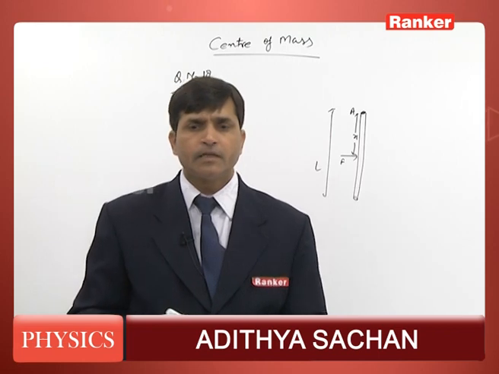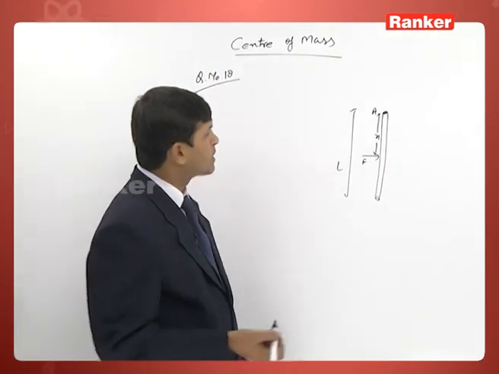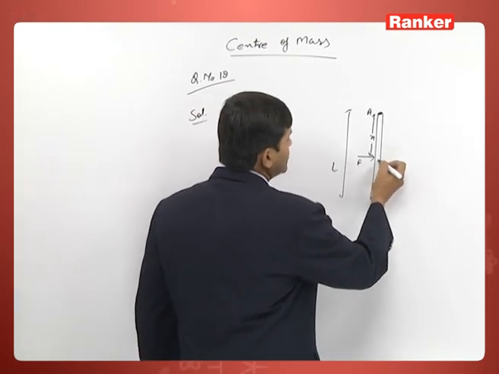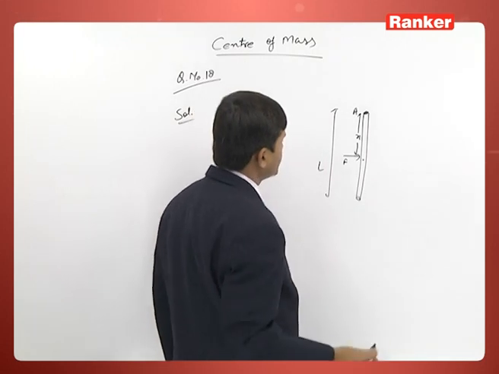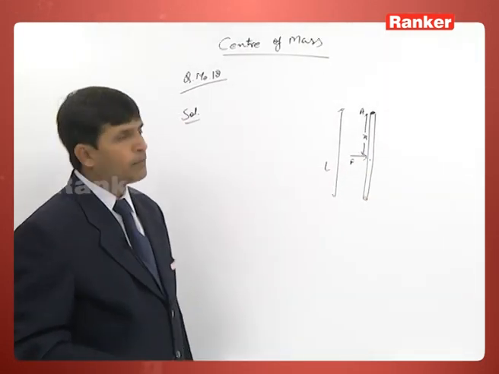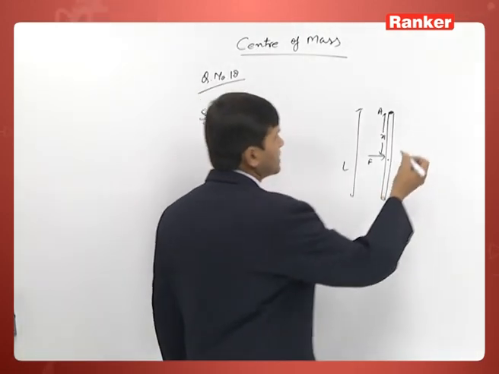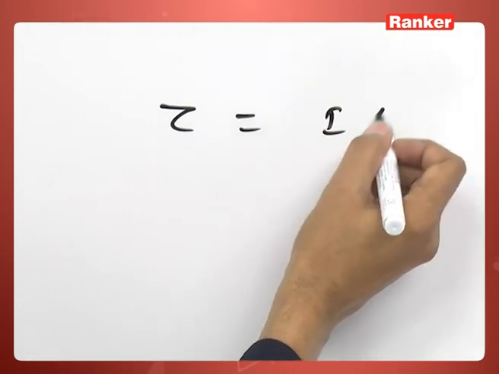Since the rod is hinged about end A, the center of mass has acceleration, that is nothing but tangential acceleration. That depends on the torque about point A. So, see, torque is equal to I into alpha.